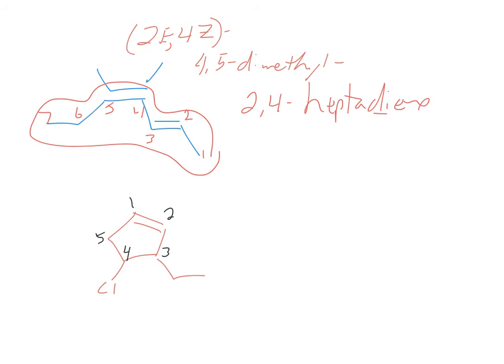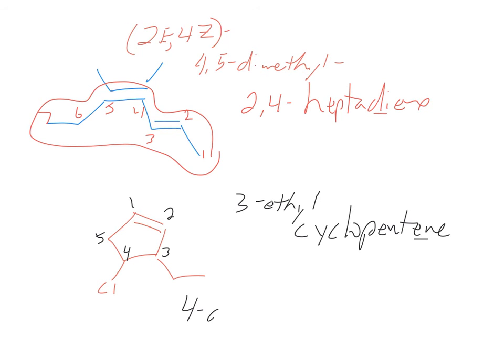So that's a cyclopentene for my parent chain. Cyclopentene with an E. I have a 3-ethyl and a 4-chloro as well. So 4-chloro, 3-ethyl, cyclopentene. Good.